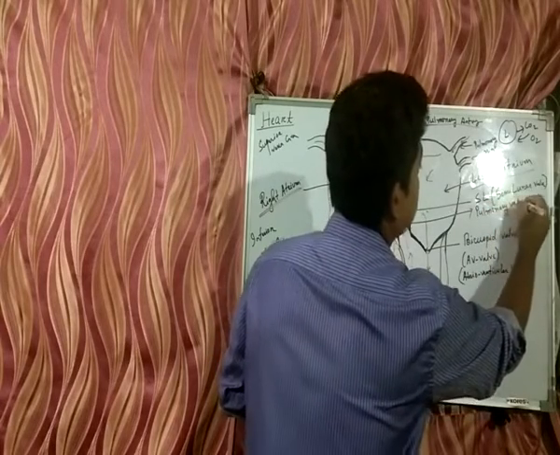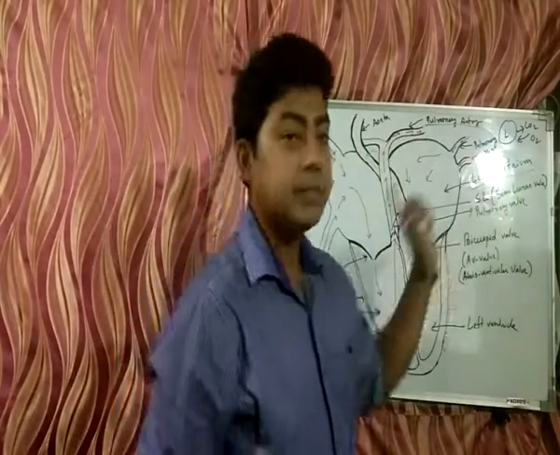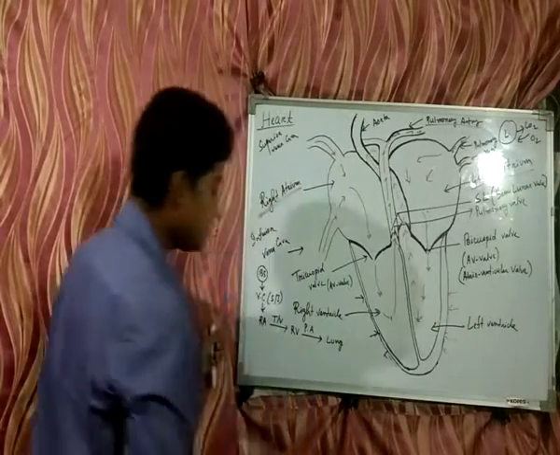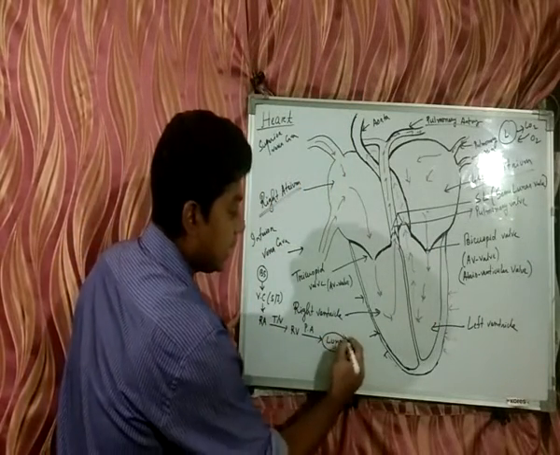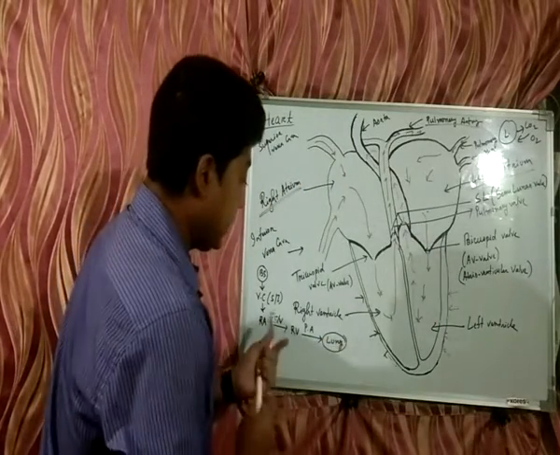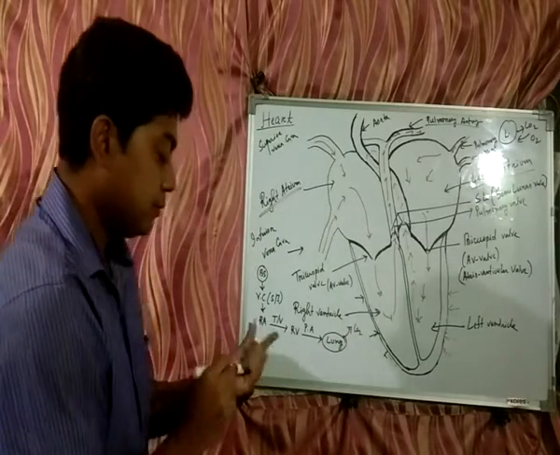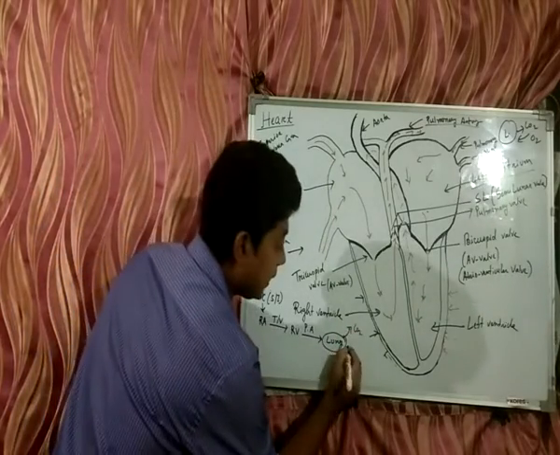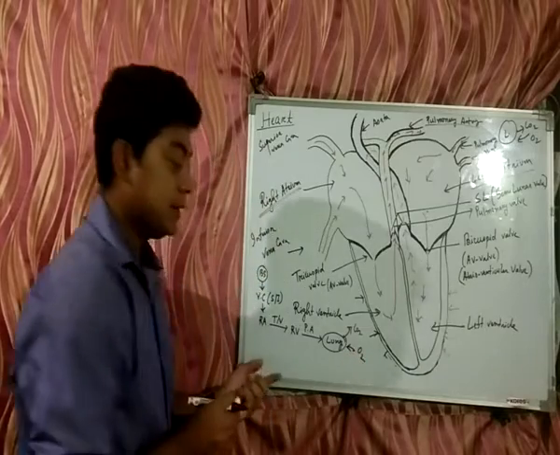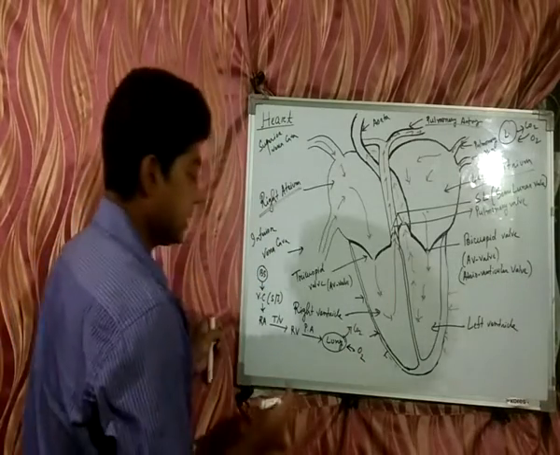That means the pulmonary valve also comes under the SL valve. Now to the lung, and in the lungs it releases carbon dioxide and takes in oxygen, and the blood becomes oxygenated.